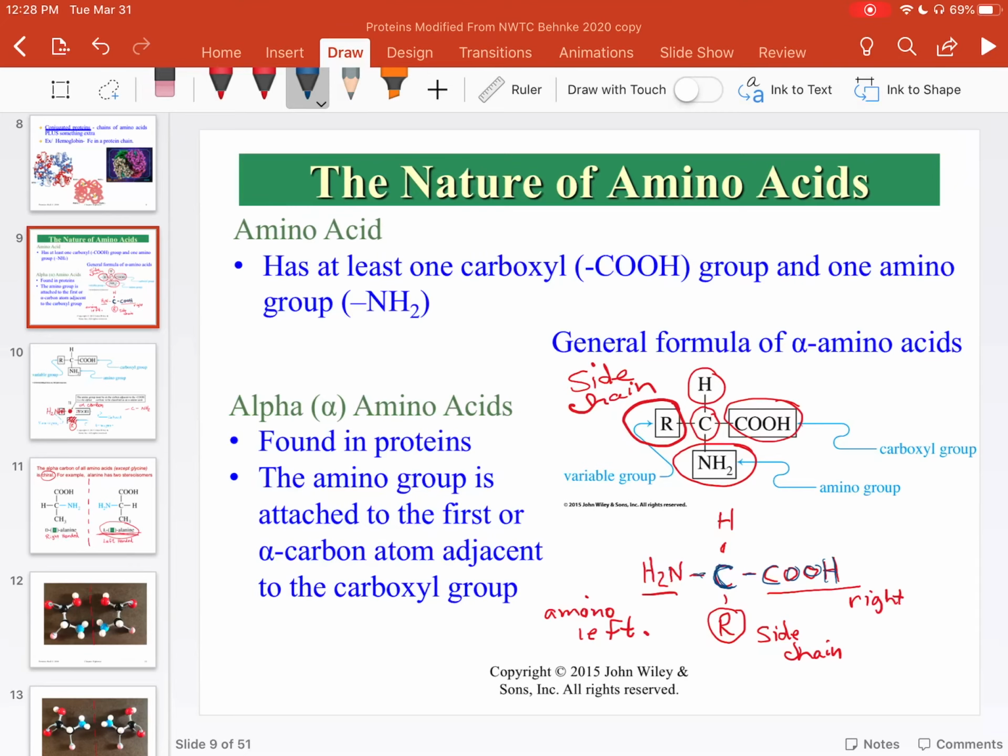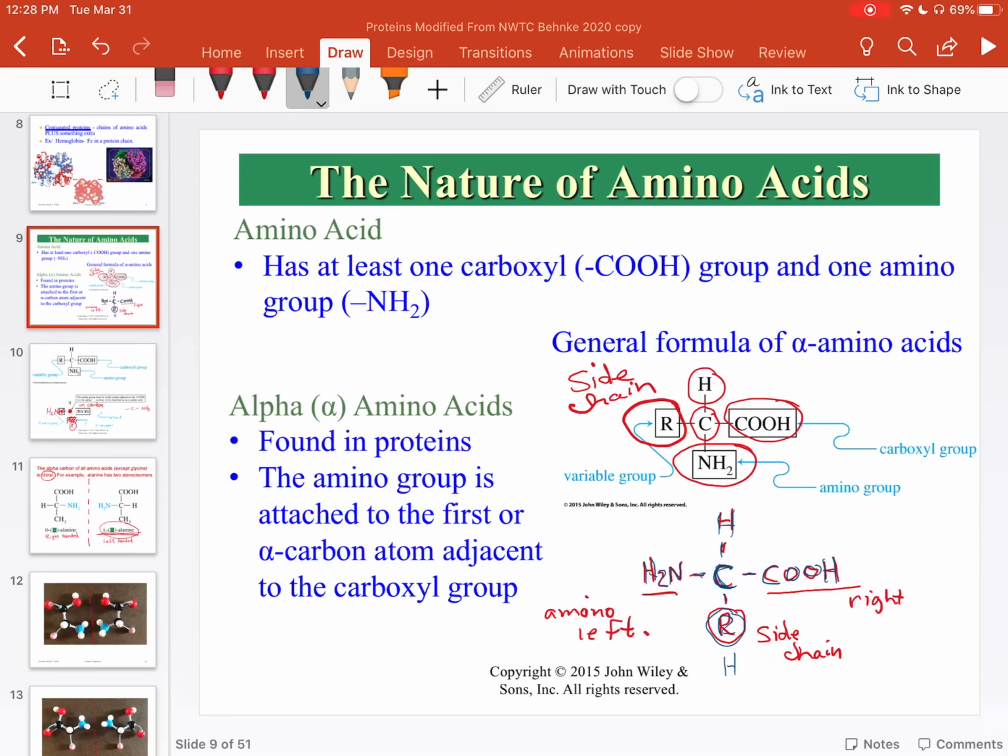On the other side, attached to an amino group, attached to a side chain, and then attached to a hydrogen. There is one amino acid in which the side chain is actually just another hydrogen atom. And I don't remember what it is off the top of my head right now, which is a good reason that you aren't going to have to memorize any of these either.